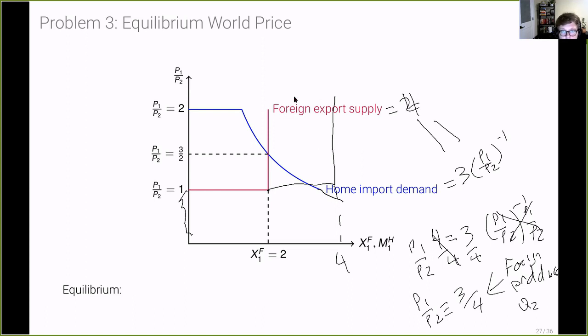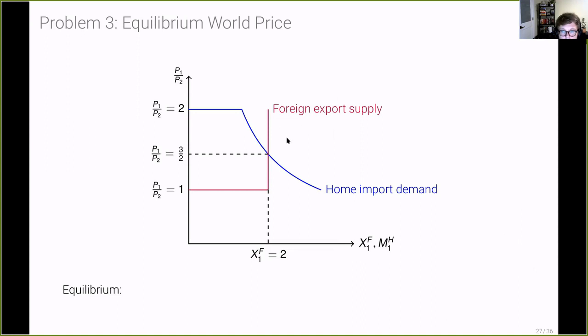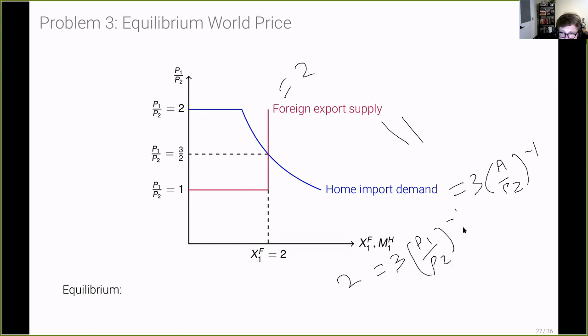Going back to the math for the original case, I said that this was 2, and this was 3 (P1 over P2) inverse. Setting these equal to each other, we must have this, and that implies that P1 over P2 is equal to 3 over 2.